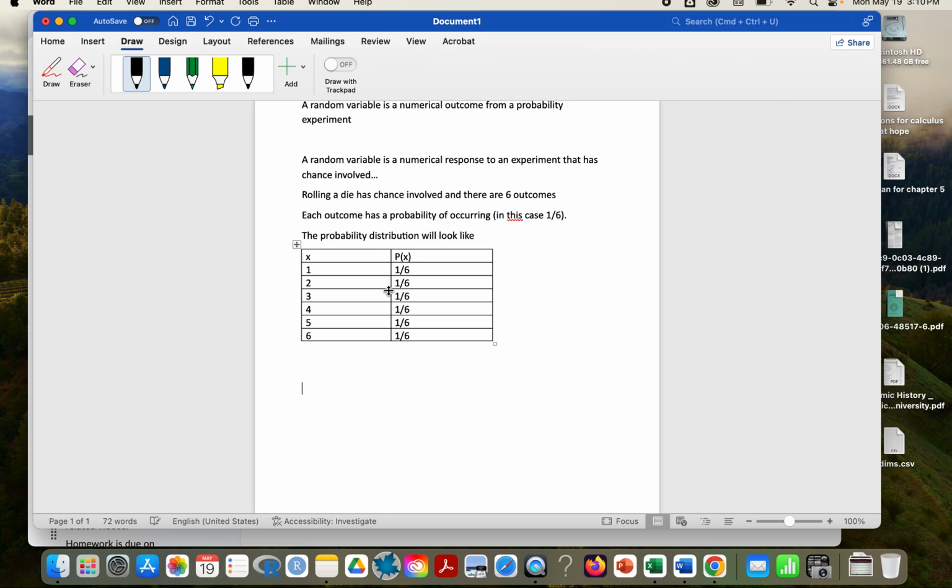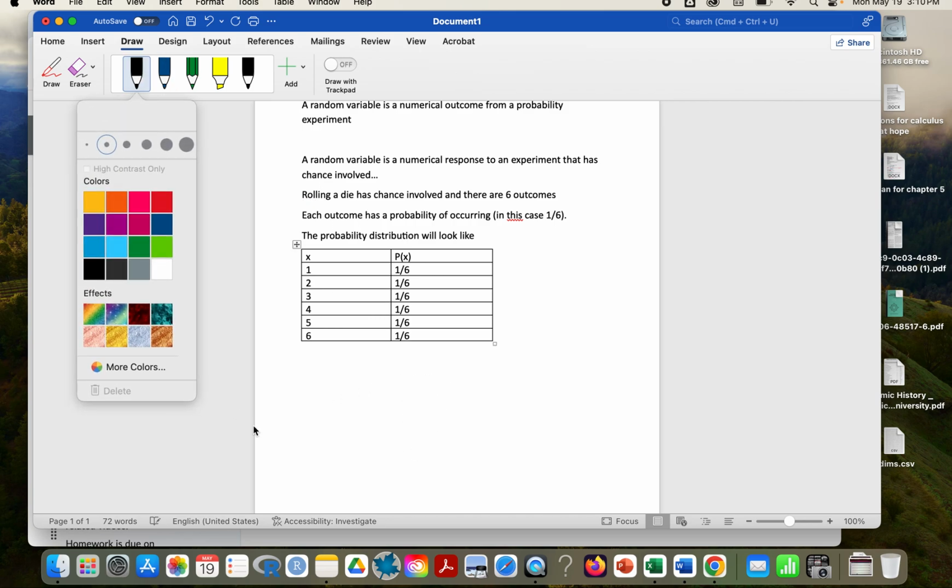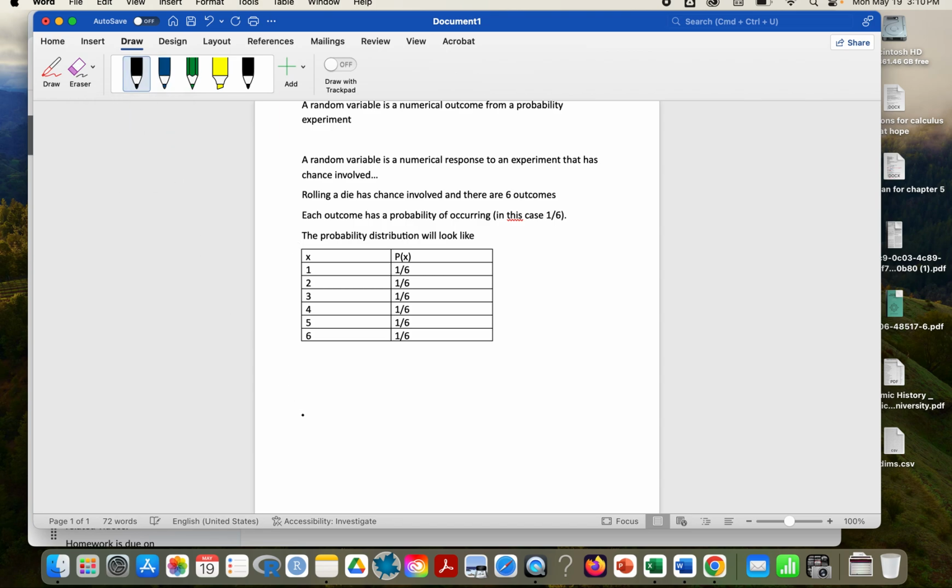Now, let me write in here: the mean of a probability distribution is going to be the sum of each of the data points multiplied by the probability of that data point.